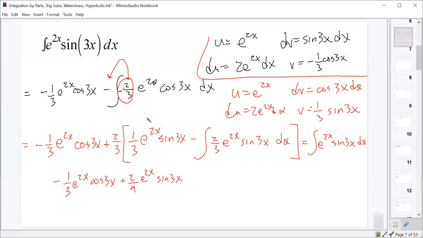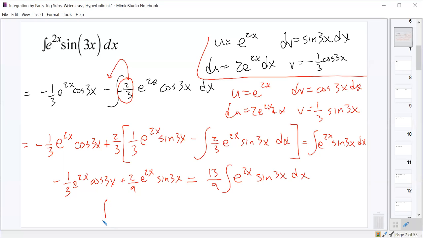And then here we're going to have a minus 4/9 of this integral. So if I add that to the other side, that's going to be plus 4/9. If I have one of those integrals and I add 4/9 of that integral, that should become equals 13/9 of that integral, 13/9 of the integral of e to the 2x sine 3x dx. Good or no?